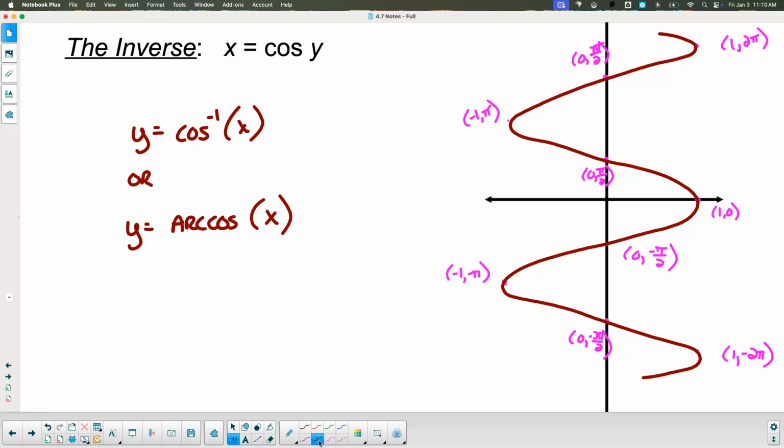I said domain there. What is the domain of this function, or excuse me, of this inverse? Inclusive? And what is the range of this as we see? All real numbers, because those switch around. Okay? So we're going to restrict that range then.